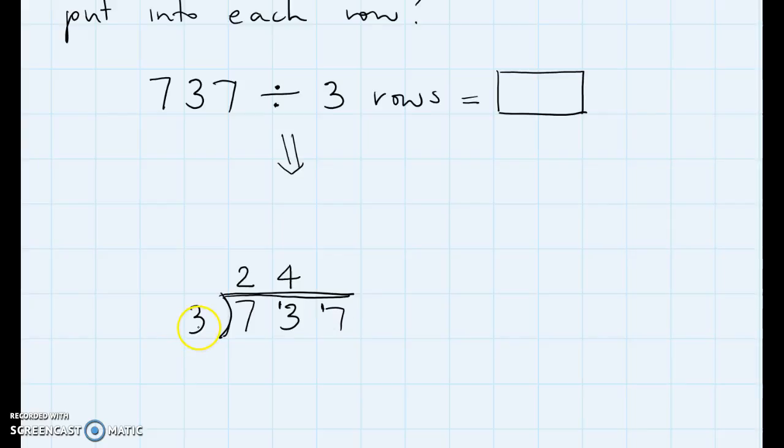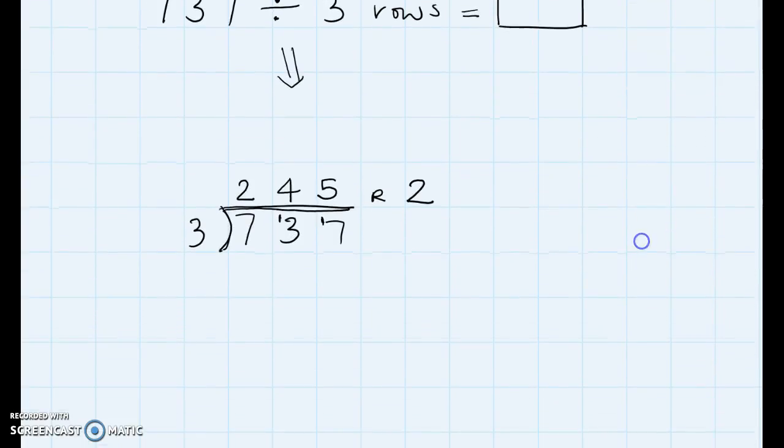How many 3's can go into 17? I know 3 times 5 is 15, so it has to be 5, which means that the remainder is 2, so there are 2 leftover trees.